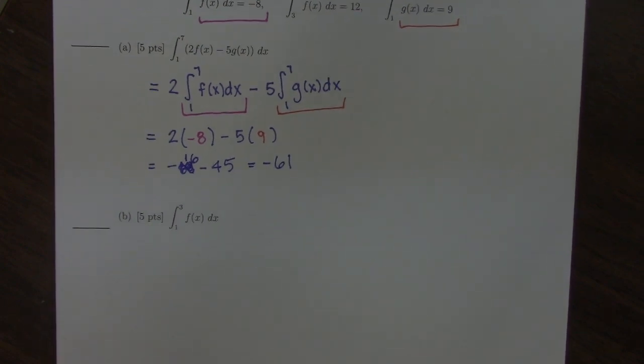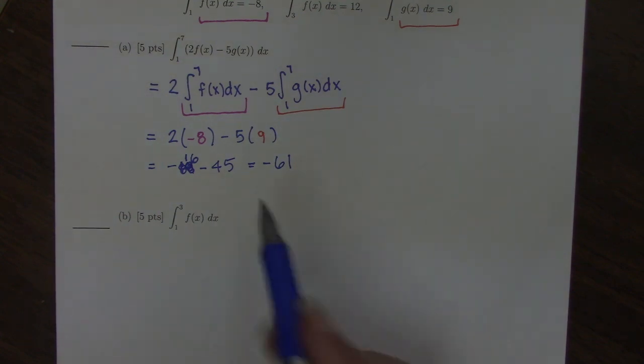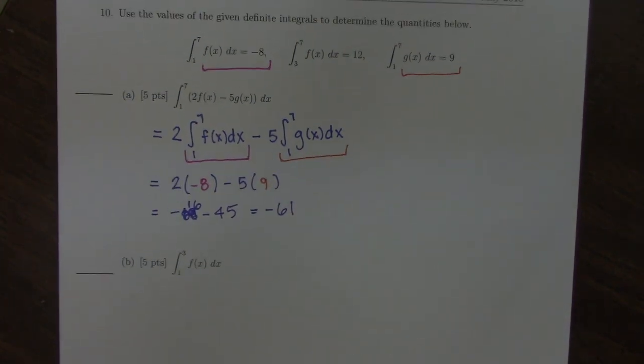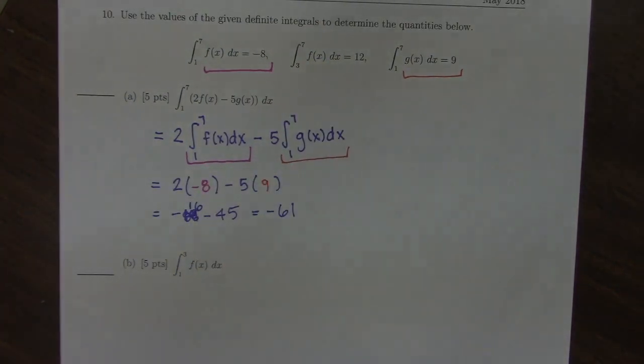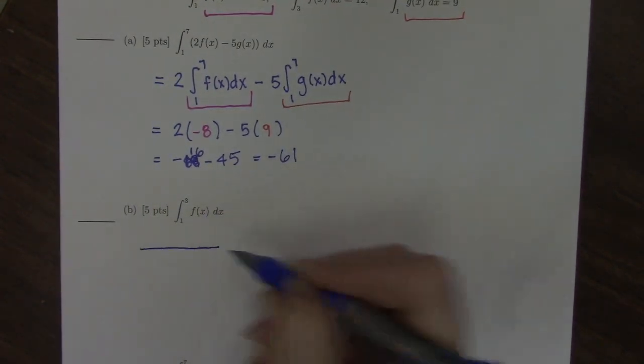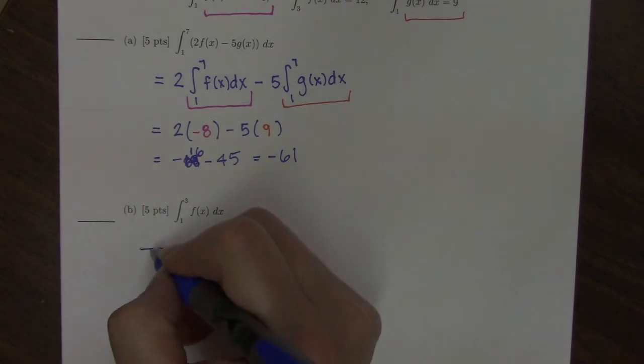Part B says, well, what is the integral from 1 to 3 of f of x dx? So notice none of my integrals up here go from 1 to 3, right? But I have two integrals that are talking about f of x dx. So I'm going to use a number line just to make sure that I get this right.